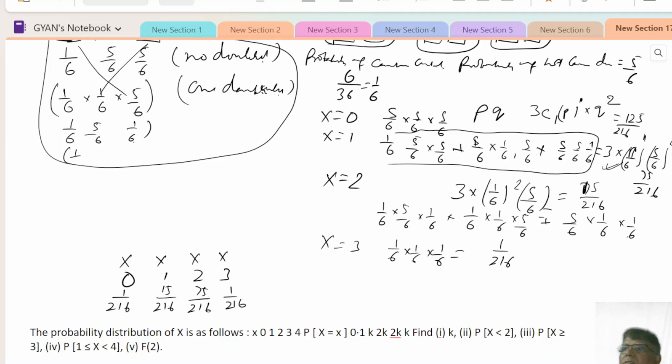So the total, 216 by 216, is equal to 1.